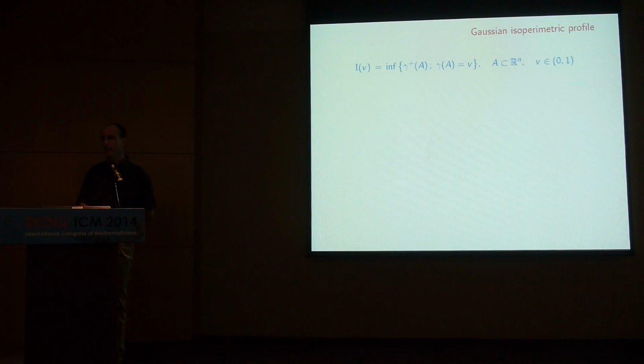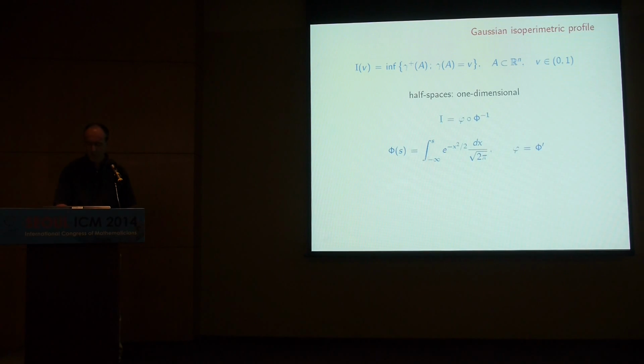And by the isoperimetric inequality, since half spaces are the extremal sets, you may compute the Gaussian isoperimetric profile on half spaces. And since half spaces are basically one-dimensional, the Gaussian isoperimetric profile is given by a one-dimensional function, which is constructed from capital Phi, which is the distribution function of a standard normal, phi being its derivative.